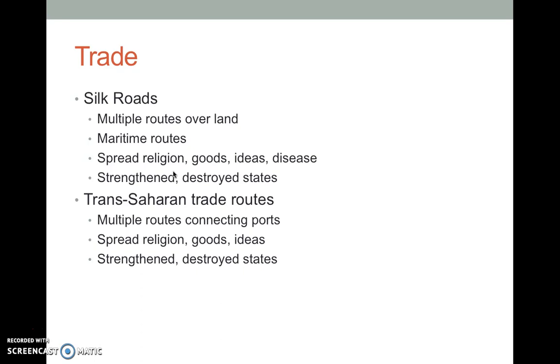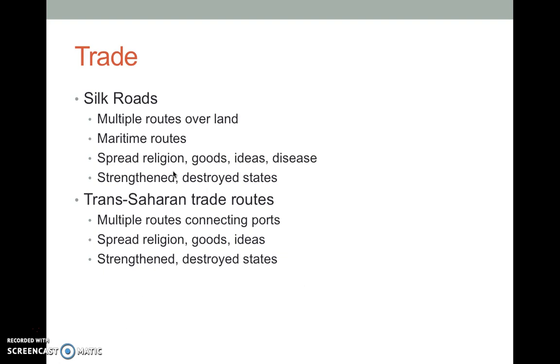We start with small trade, obviously, with nomadic groups sharing information and goods that early civilizations and early societies needed, and really moving into the period from the classical period onward of massive intrastate and interstate trade.